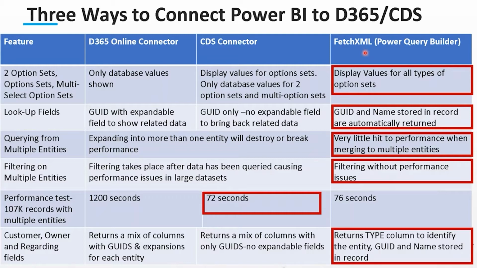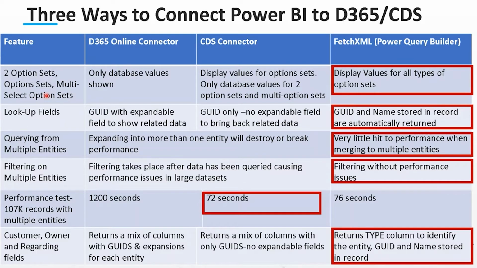And I want to talk a little bit about how I've looked at these 3 connectors. These features are the areas where I think these connectors differ. They differ with the way that they handle option sets, the 3 different types of option sets in the CDS, and then how they handle lookup fields, which a lookup field is basically just a connection into a related table.